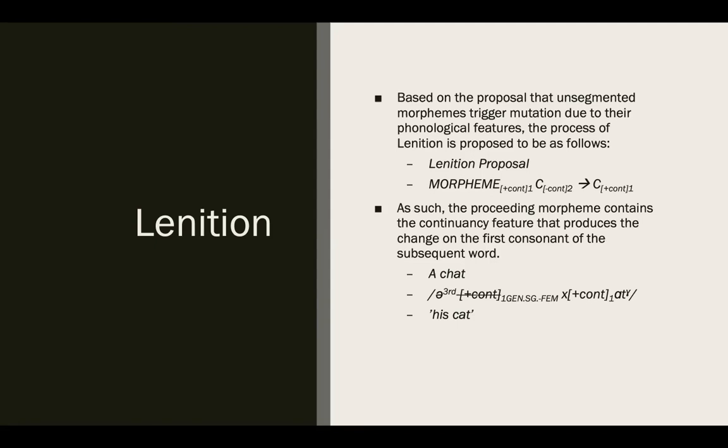But since there is the plus continuant morpheme denoting the genitive singular minus feminine, that will replace the minus continuant feature in cat, thus giving you the surface form a chat, his cat.